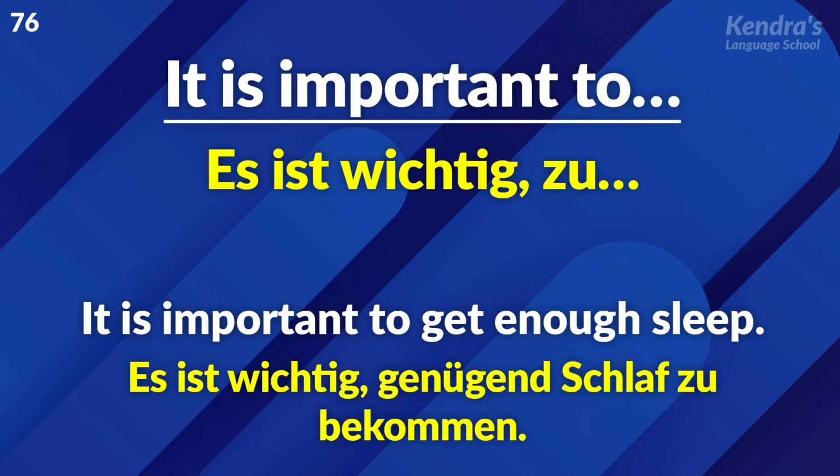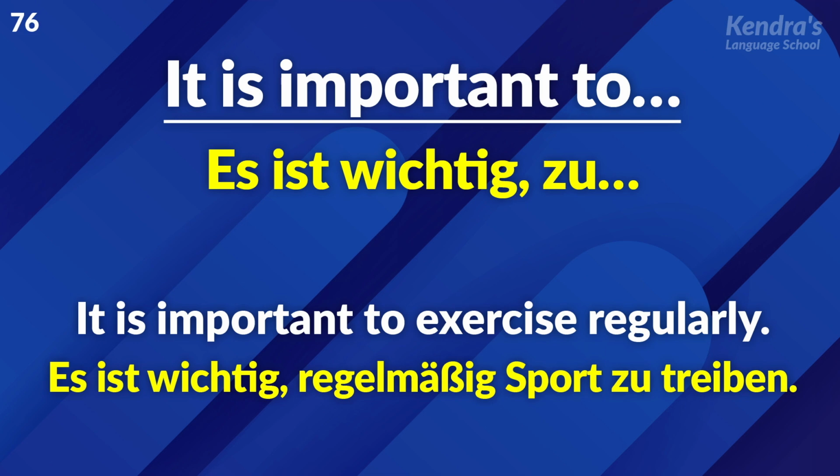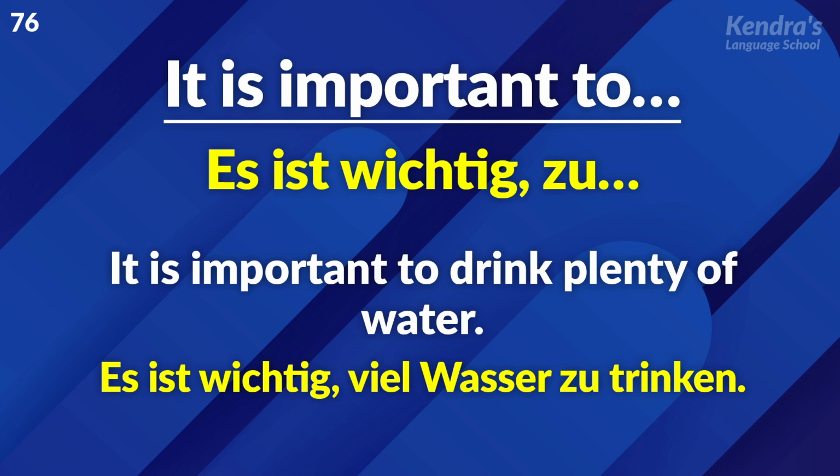Es ist wichtig, genügend Schlaf zu bekommen. It is important to get enough sleep. Es ist wichtig, regelmäßig Sport zu treiben. It is important to exercise regularly. Es ist wichtig, viel Wasser zu trinken. It is important to drink plenty of water.